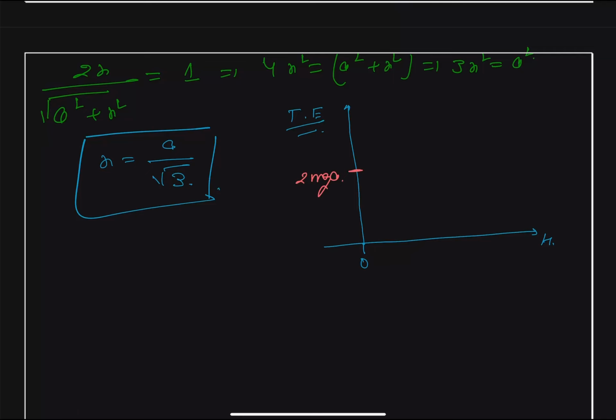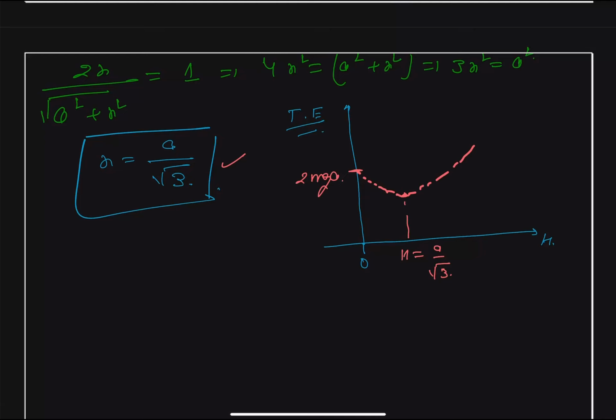And next we can easily find out the next known point, where x is equal to a by root 3, and this is our point where the energy is the minimum. Okay, so obviously it will be lower than somewhere here, and this point will be h is equal to a by root 3, and the graph will be following something like this.